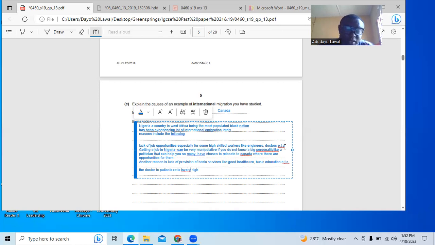In the Southwest, about one doctor to 3,500. In the North, about one doctor to 18,000. So by the time you find the average, it's about one doctor to like 9,000 patients. So in that kind of situation, if you have money to relocate, you want to relocate.